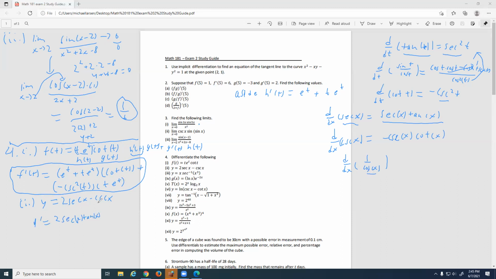And then for the cosecant x, we'll have a minus sign out here, so the negatives will actually cancel, and we should just get plus cosecant x times, not tangent, cotangent. All right, cool. And then that should be your answer for that one.